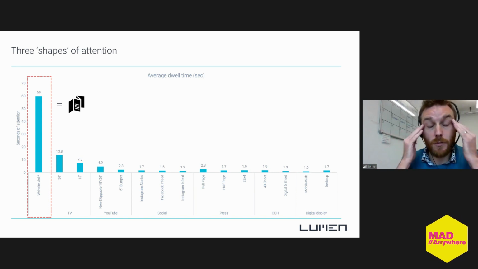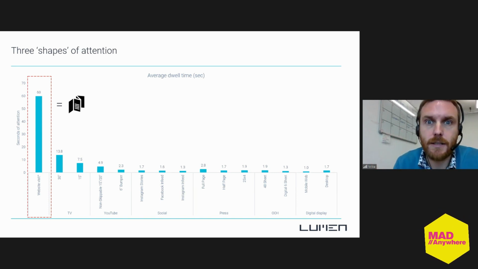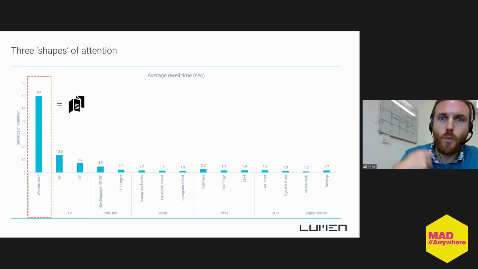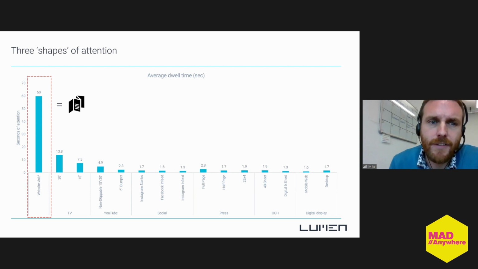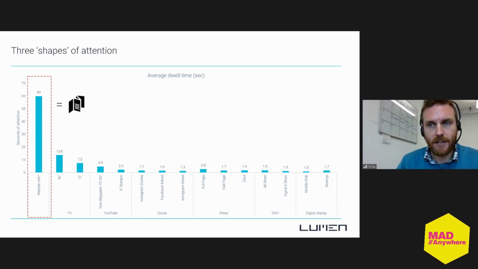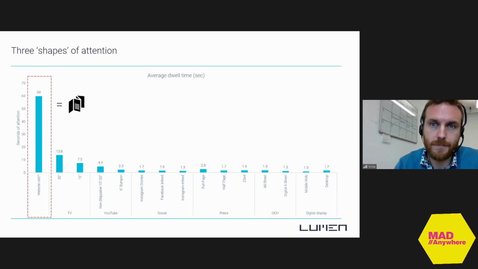If you're on the screen, you're looking at the stuff right in front of you. You can't miss it. This sort of website visit, assuming a 1-minute visit, is very much like the old CRM and leaflet stuff. People are voluntarily engaged there, and they're spending a long time looking at stuff.